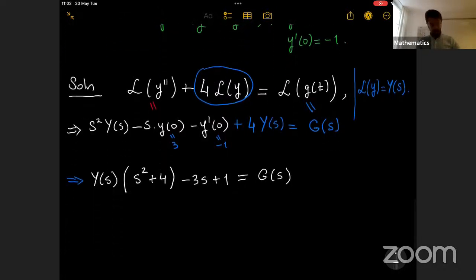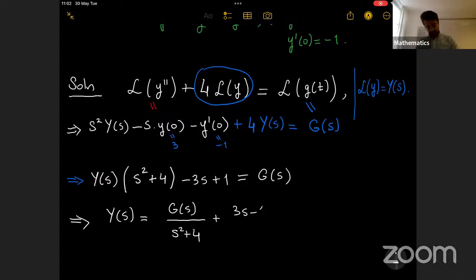And this implies, right, Y(s) is equal to G(s) over s square plus 4, plus 3s minus 1 over s square plus 4.